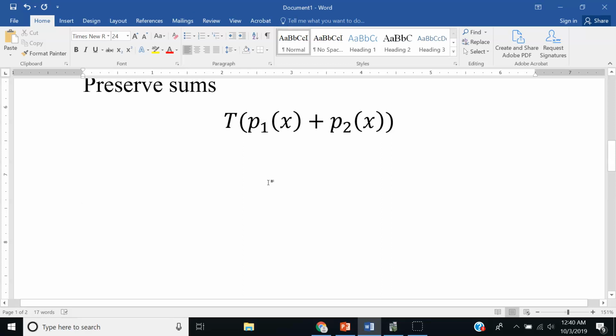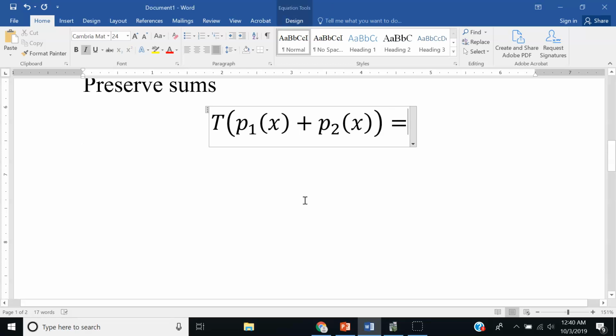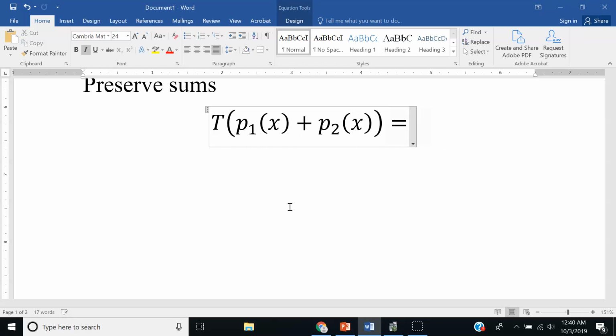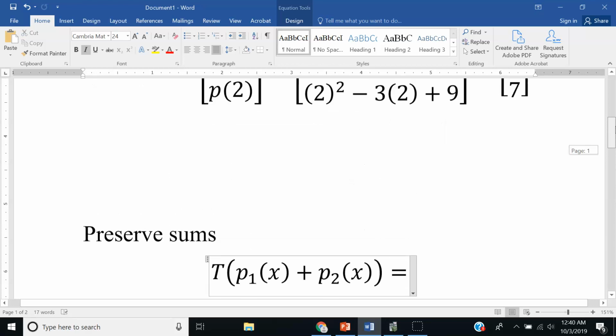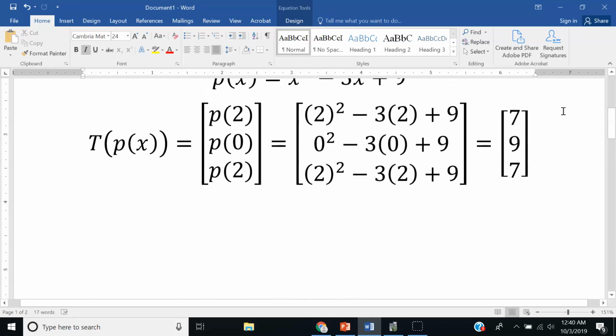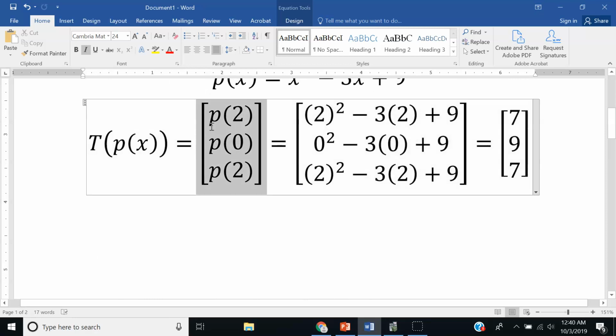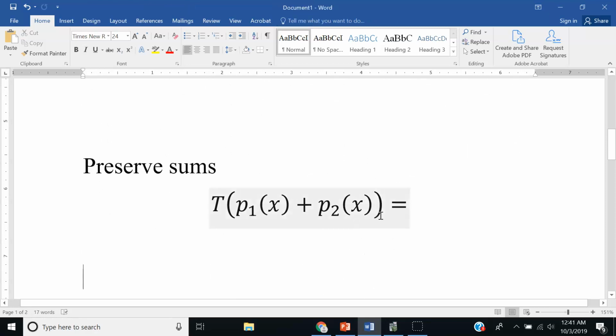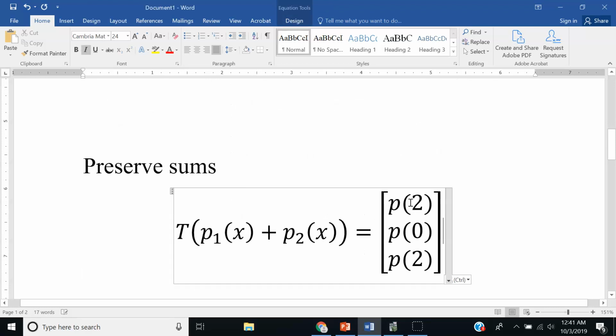Well, if you transform this, what's happening here? We have to plug in 2, plug in 0, then plug in 2. So we're going to add the two polynomials, plug in 2 to the sum.